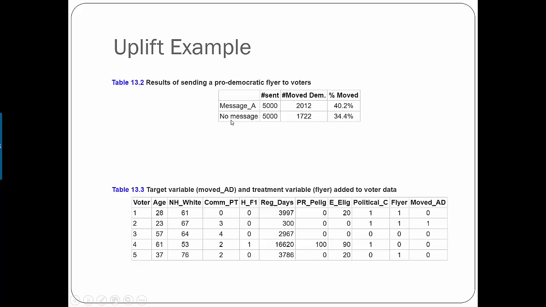Then whether there was movement because of that or not becomes your target, and flyer or not becomes part of the predictors.